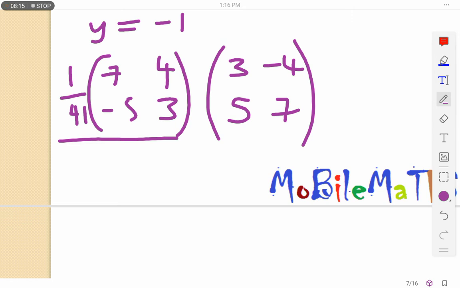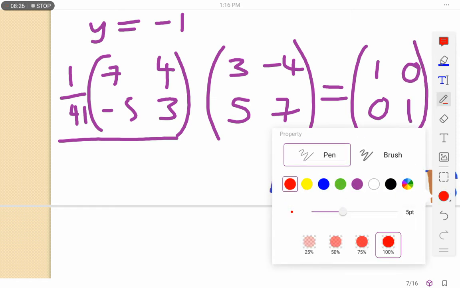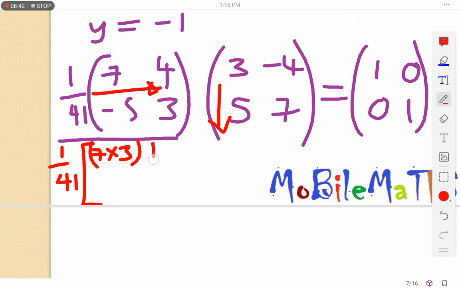Okay, we said this, if we multiply, should give us an identity 1, 0, 0, 1, like this. Let's prove that. So when we are doing that, we said we can multiply row by column. Row by column, I'll get 1 over 41 by 7 by 3 plus 4 by 5. Okay, so that's for the first column.